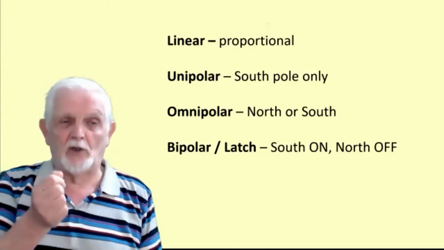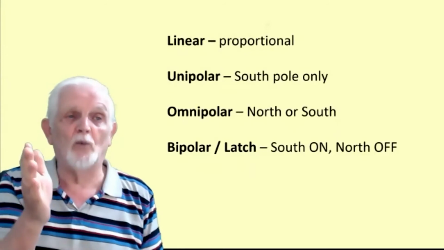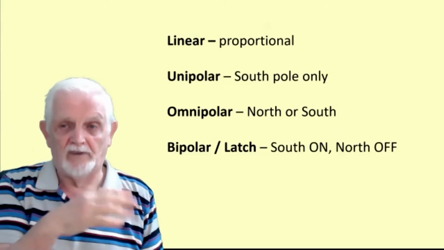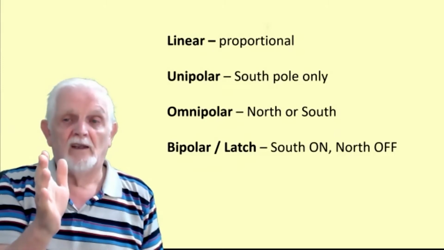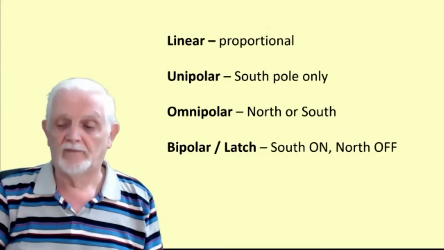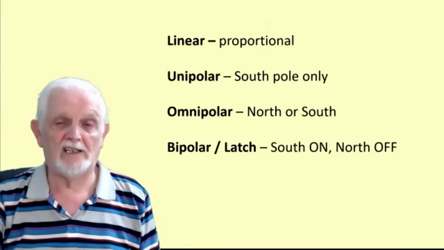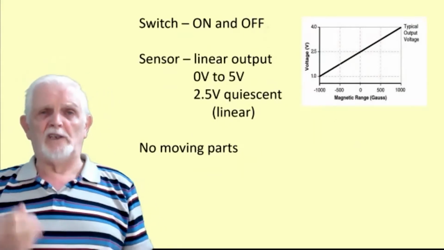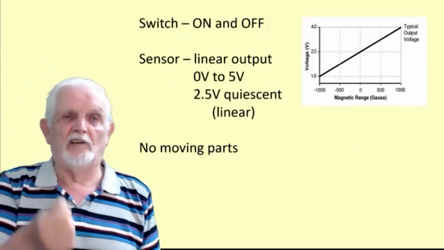If you present a south pole to them, they'll switch one way and they'll stay in that position, in other words, on, until you put a north pole, and then they'll drop out again. So it's like a latching relay almost. We're used to switches where it's either off or on.